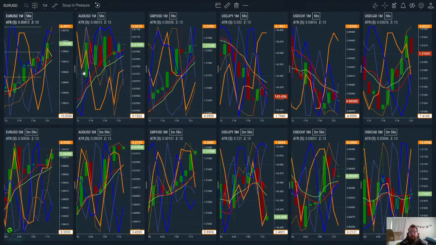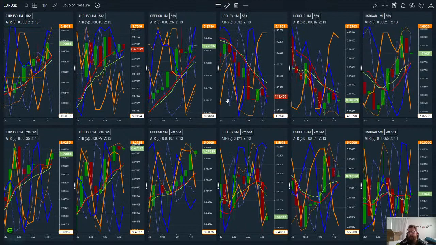It's getting close. Okay, I'm actually getting a little bit of rejection against this pressure on the 1 minute chart. And it could do that for a minute before it actually swoops over.